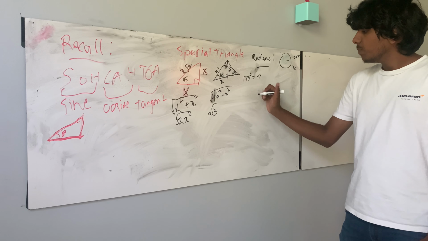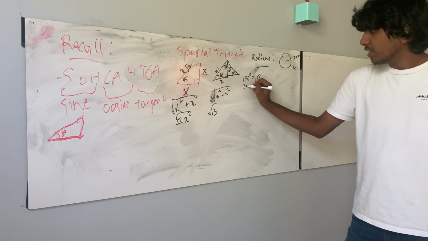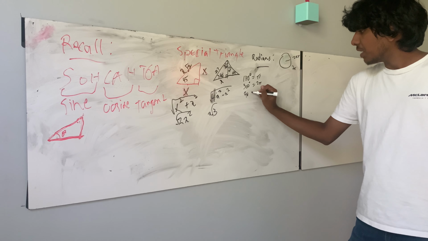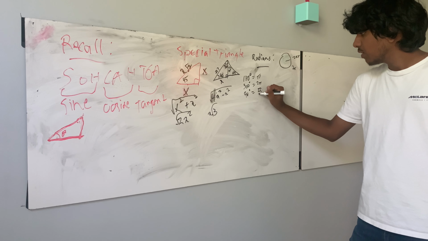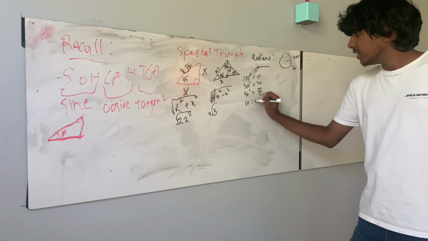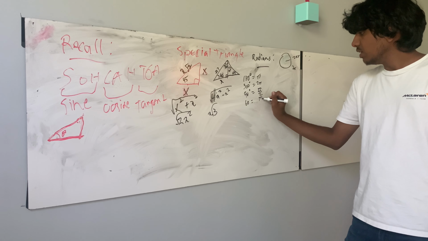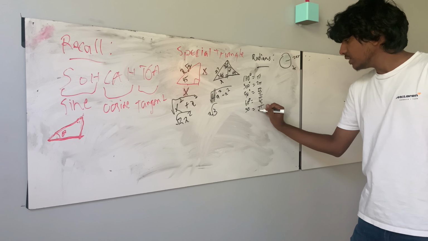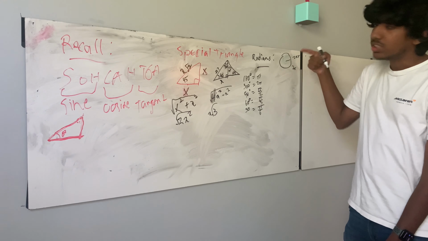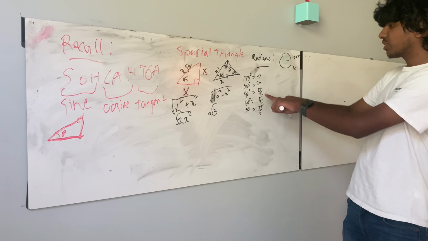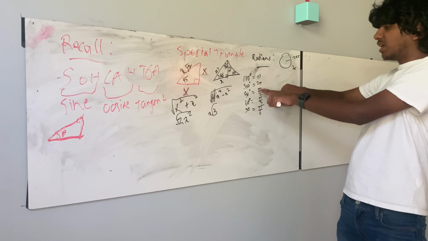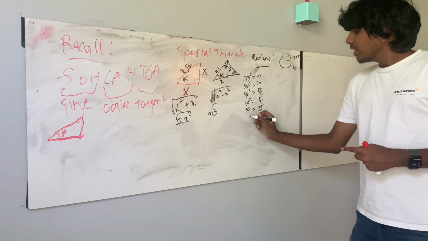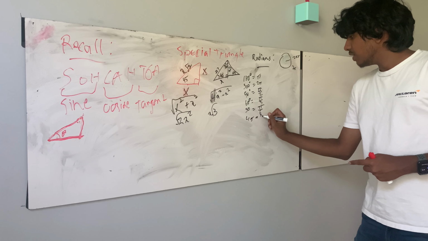So just a little note is that 180 degrees is equal to pi radians, 360 degrees is 2 pi, 90 is pi over 2, 60 is pi over 3, 30 would be pi over 6, and 45 would be pi over 4.